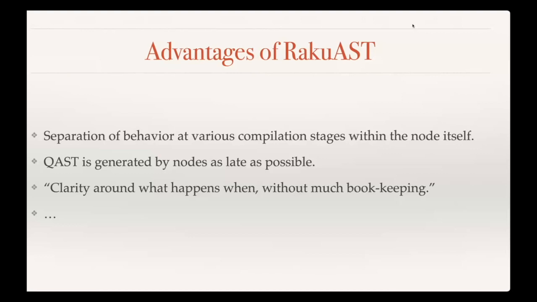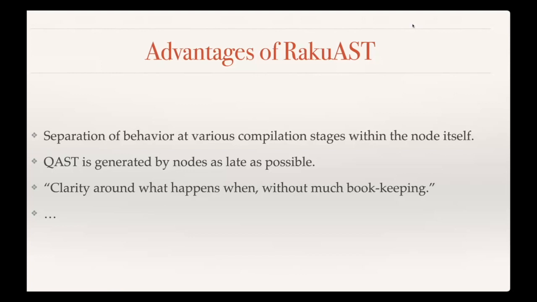By generating cast as late as possible, we are able to do stuff like assemble meta objects and create the conditions for the cast to be prepared in a way that doesn't have to reference back from any intermediate state.